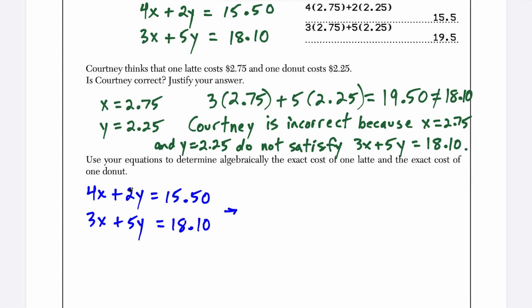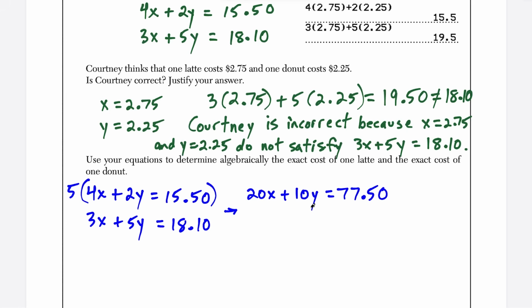Then our goal should be to turn the coefficients into matching opposites. So what I mean by that is, let's say I multiply this first equation by 5. I'm going to have 5 times 4x is 20x, and then plus 5 times 2y is 10y, and then equals, if I use a calculator here, 5 times 15.50 is 77.50.